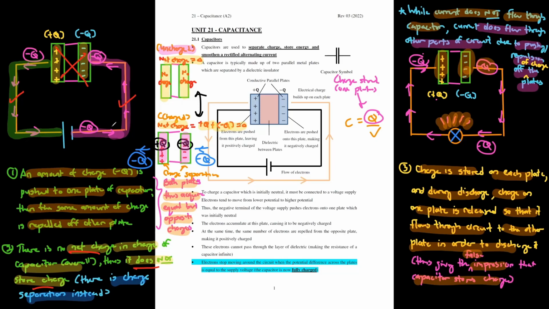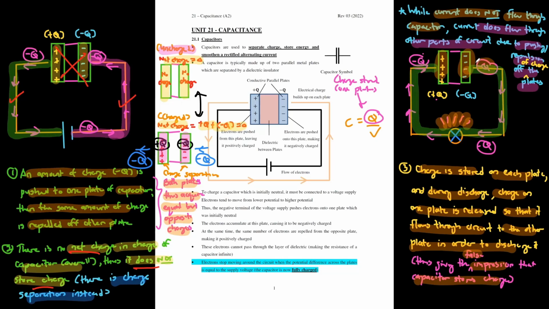Okay, the reason why you have current flow through your circuit was because of the repulsion and pushing of charge to your plates. That's how your current came about. Even when you're talking about discharging your capacitor, it's actually the same thing. When you're trying to discharge your capacitor, the charge negative Q flowed from here all the way to here and then back to the other plate.